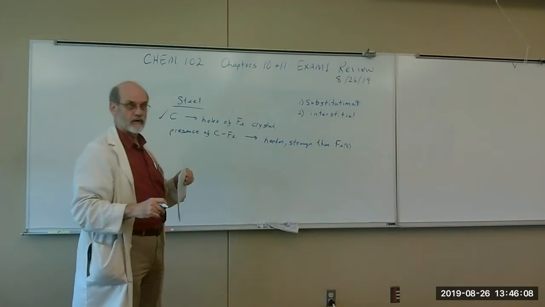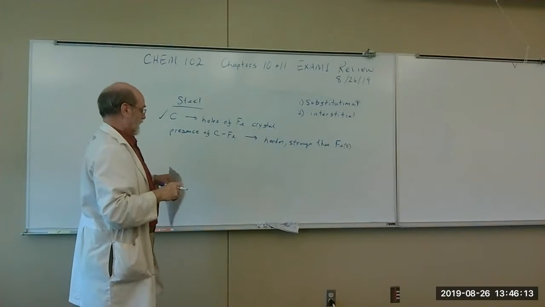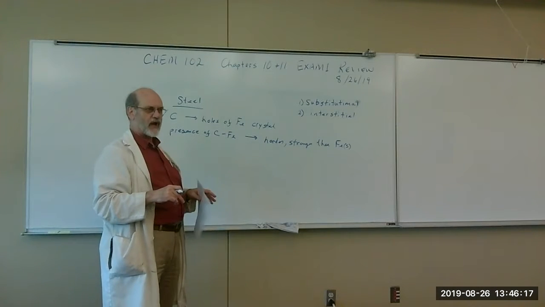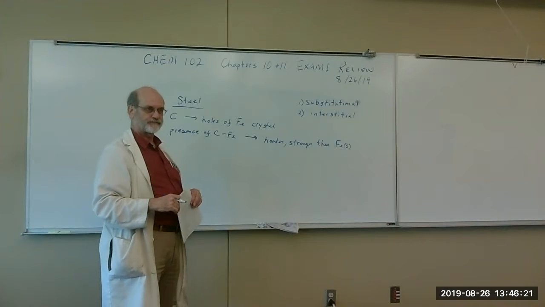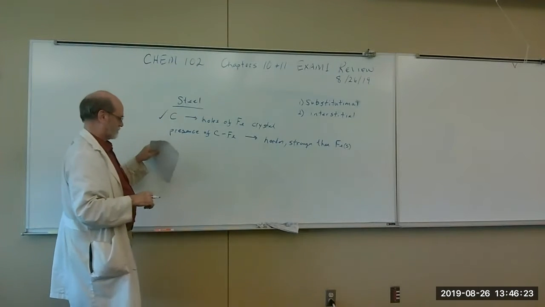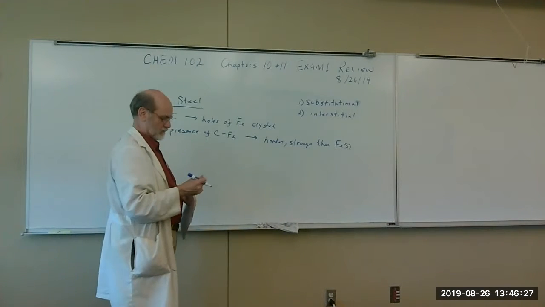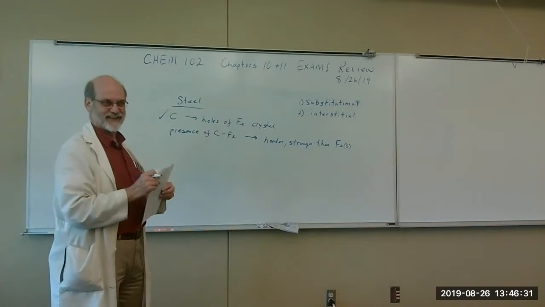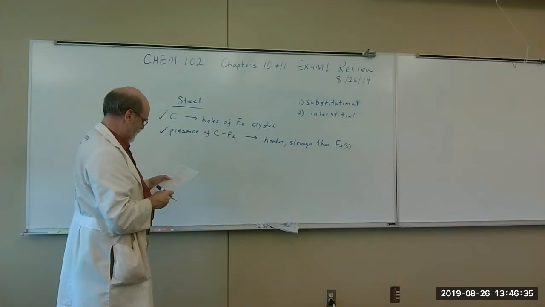Is that true? Yes. What it tends to do is it locks these crystals in place so they can't be shifted. Pure iron is a very soft metal. I mean, you can scratch it with your fingernail. But once you put carbon in there, you can make nail files out of it. Okay, that's true.